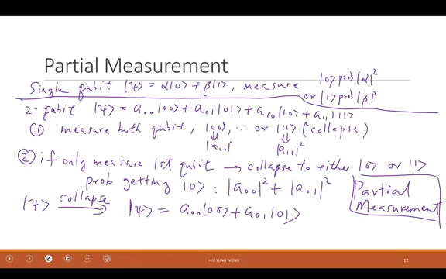Okay, after it collapses. Because it doesn't have the 1 component anymore for the first qubit. So when you have a partial measurement, the basis states corresponding to the collapse of the first qubit still remain. Others will be gone. Is this correct?